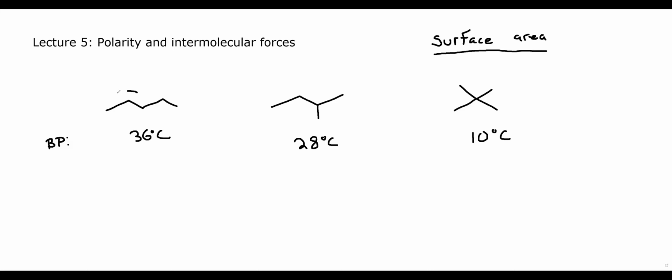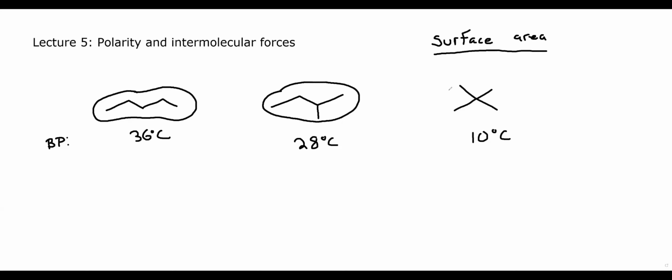Let's think about the surface area. When we have a straight chain, we have a lot of surface area. As we condense this with branching, the surface area becomes smaller and smaller. If we have less surface area, we are going to have less of an impact from those London dispersion forces.